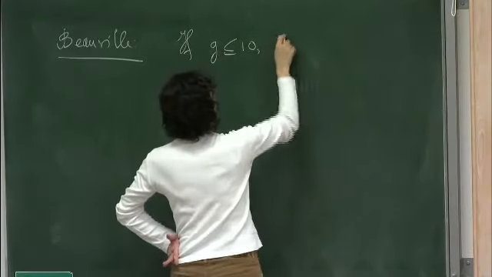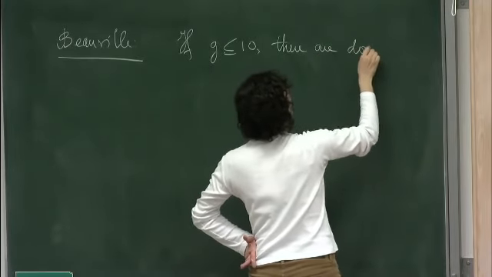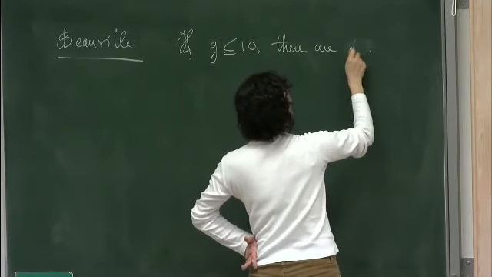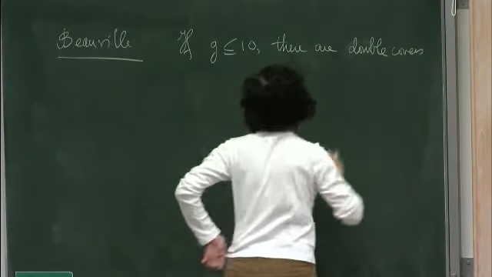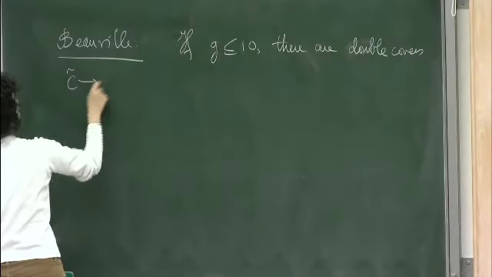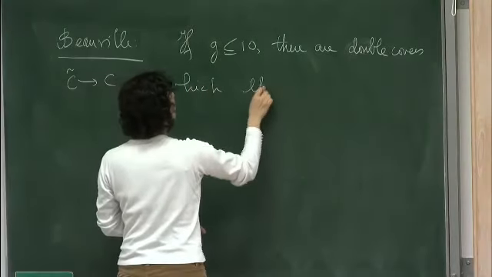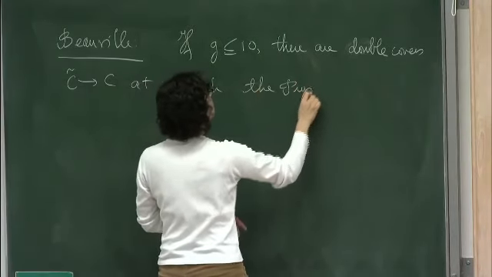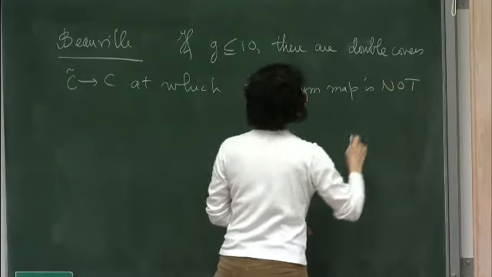So there are double covers at which the Prym map is not injective.